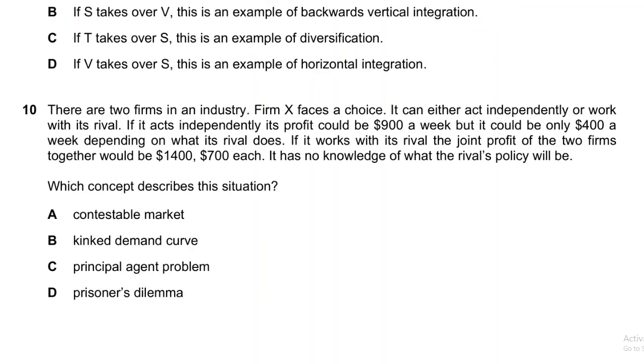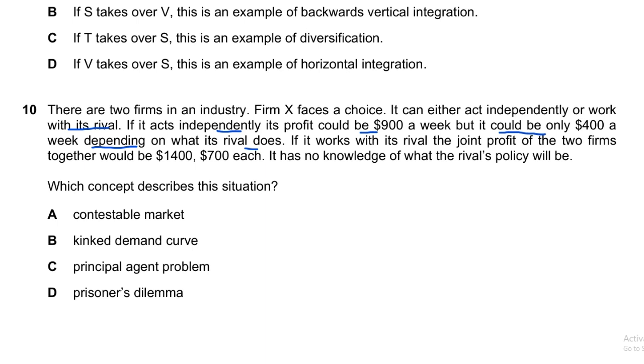Question number 10 says there are two firms in an industry. Firm X faces a choice. It can either act independently or work with its rival. If it acts independently, its profit could be $900 a week, but it could be only $400 a week depending on what its rival does.